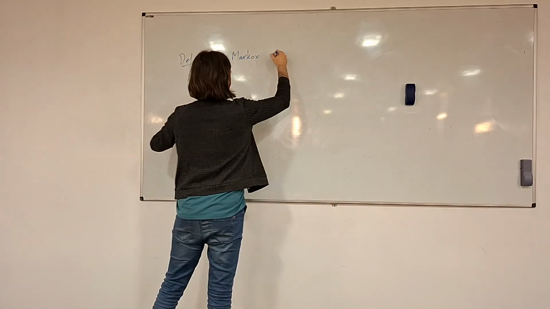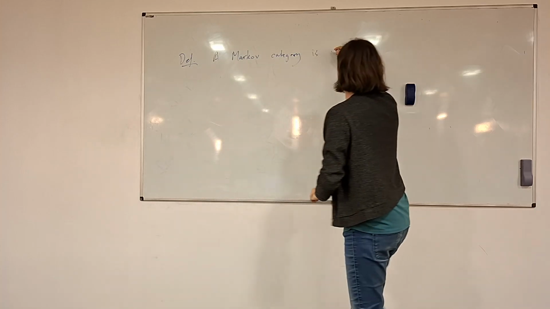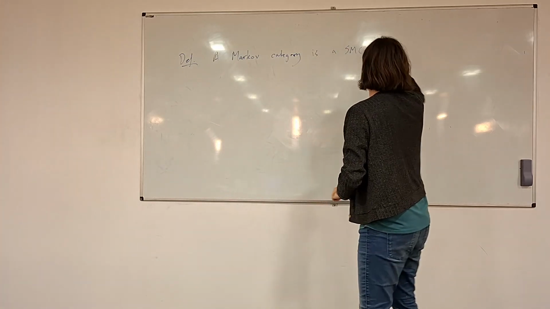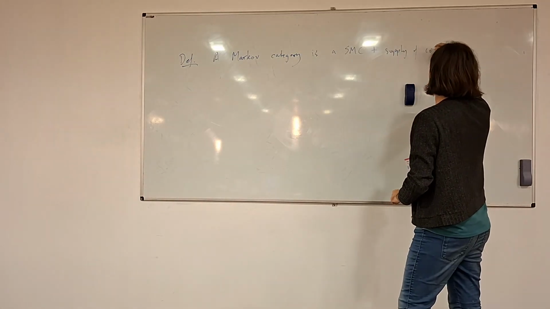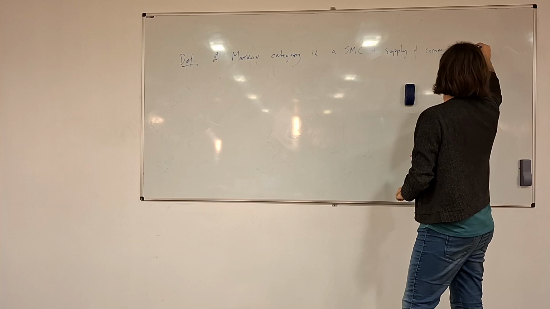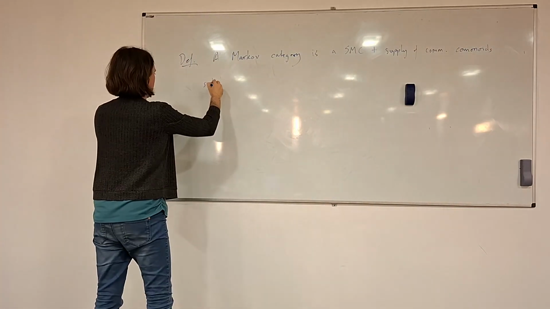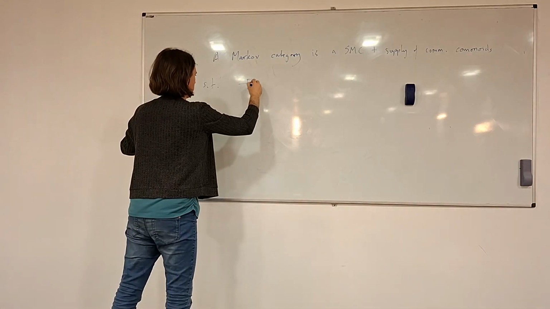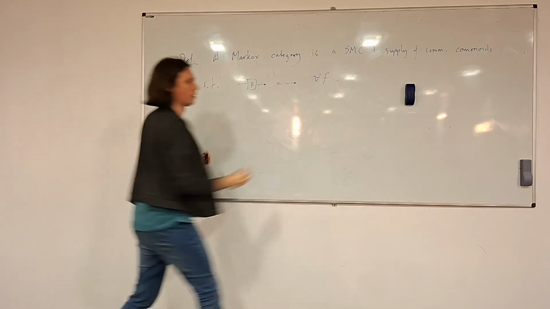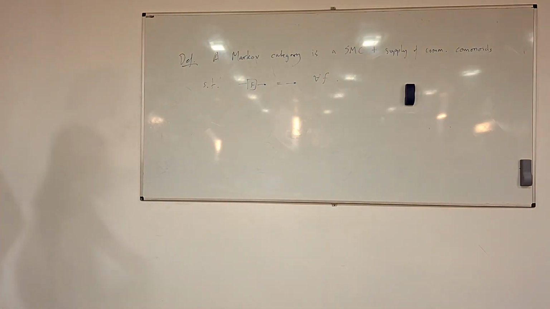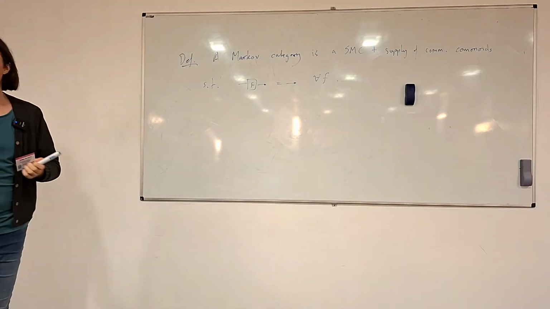A Markov category is a symmetric monoidal category plus a supply of commutative comonoids, such that... and it turns out that this is a really convenient foundation for doing probability theory.